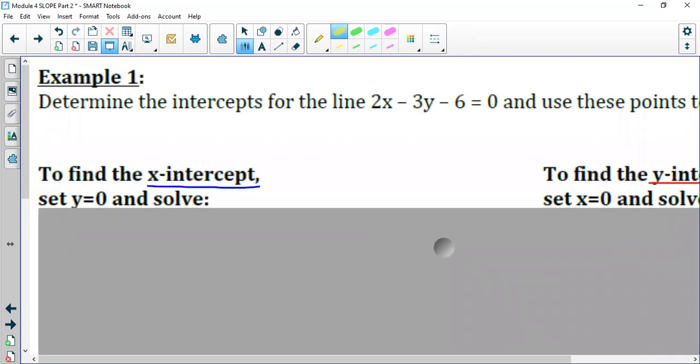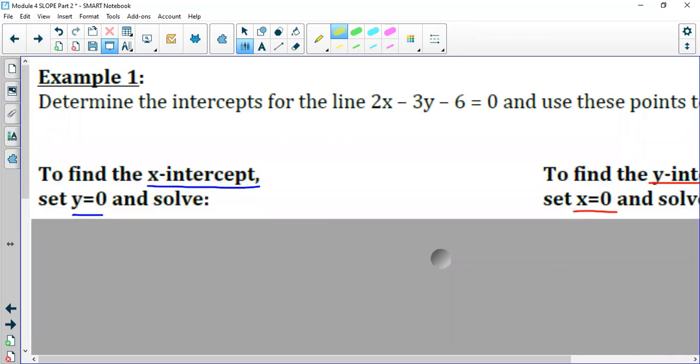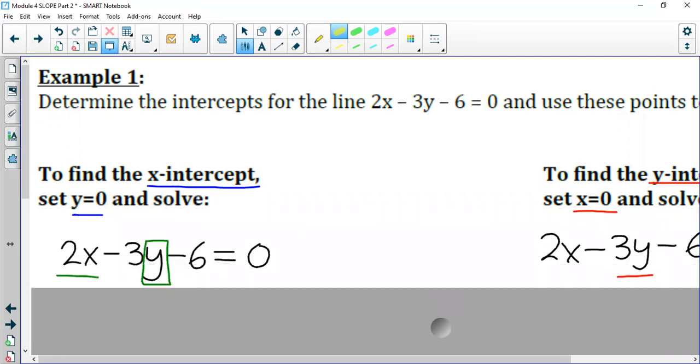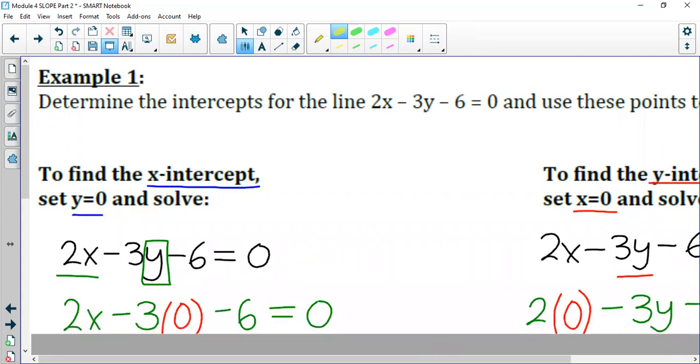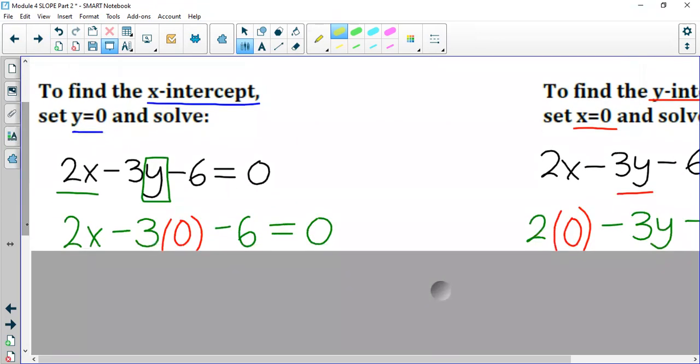For the first part, to find the x-intercept, we're going to set y equals 0 and solve. So this is our equation. Wherever you see y in the equation, we're going to substitute 0.